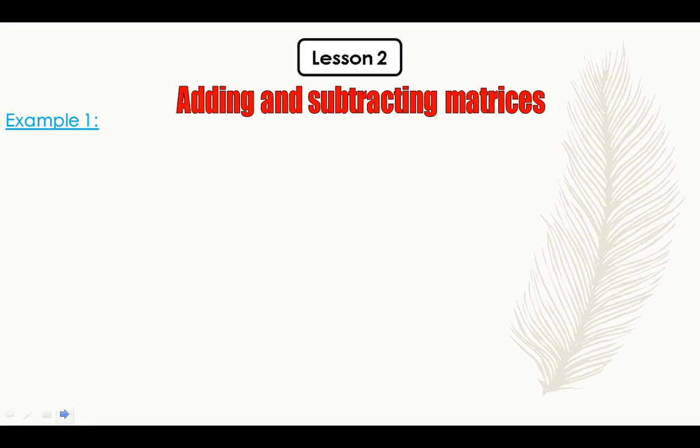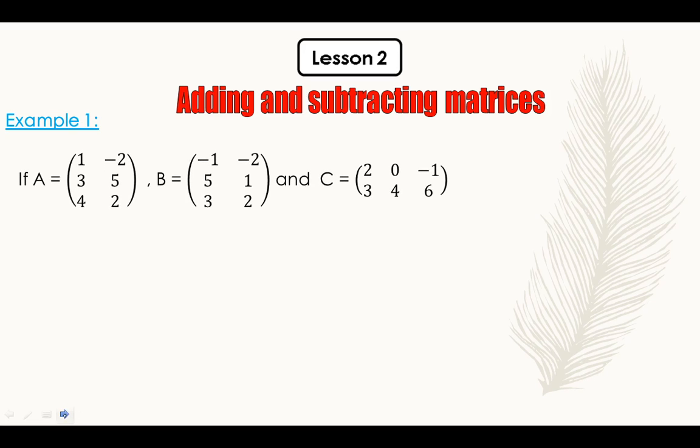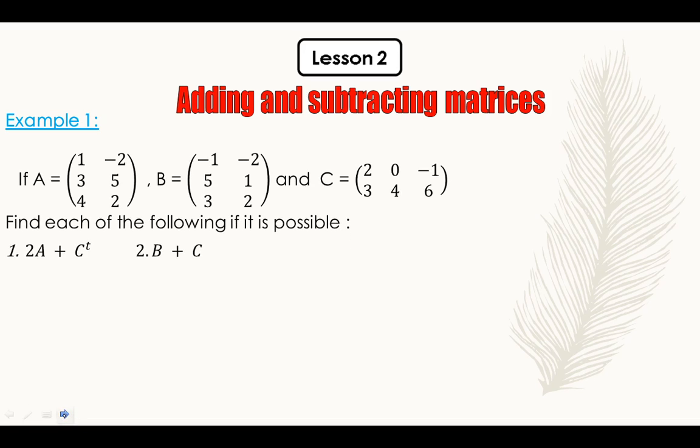To add two matrices together, they must be in the same order. So to add two matrices, A and B, if A is of order 3 times 3, for example, and you want to add it to a matrix B, then B must also be of order 3 times 3.